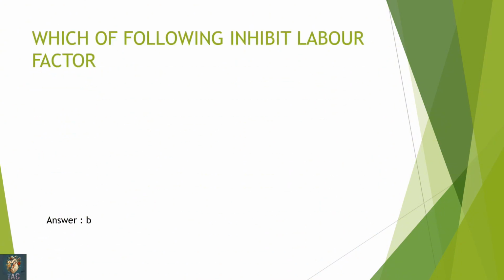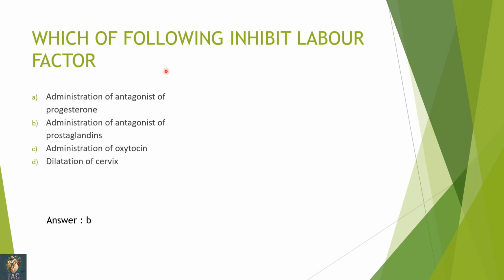Next question is, which of the following inhibits labor? That is administration of an antagonist of progesterone, administration of an antagonist of prostaglandin, administration of oxytocin, and dilatation of the cervix. So remember, again we are going to inhibit the labor factors. Progesterone is actually going to inhibit the labor itself. Whenever its antagonist is given, it will start the labor. So this option is wrong.